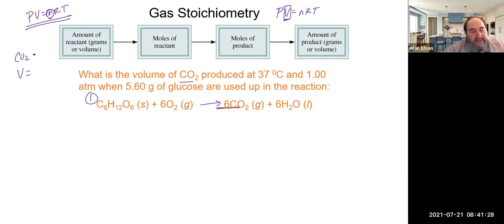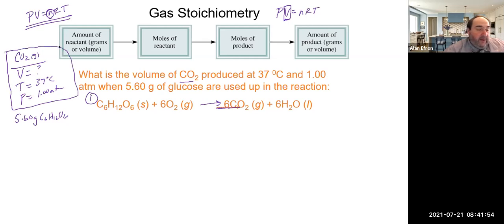CO2 is a gas, so we're looking for the volume of it. We have a temperature that's given to us, which is 37 degrees Celsius. We also have a pressure that's given to us, which is 1 atmosphere. And we got 5.6 grams of glucose, which is not a gas. And that's C6H12O6. So this is really all the gas information.